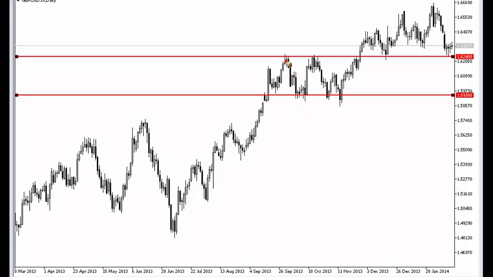Obviously this was the first high, this was the second high, so now we're looking for a test on the third. So we've got these two highs confirming that it's not making new highs, and also we've got the lows confirming that it's unable to make new lows, so it's range bound.